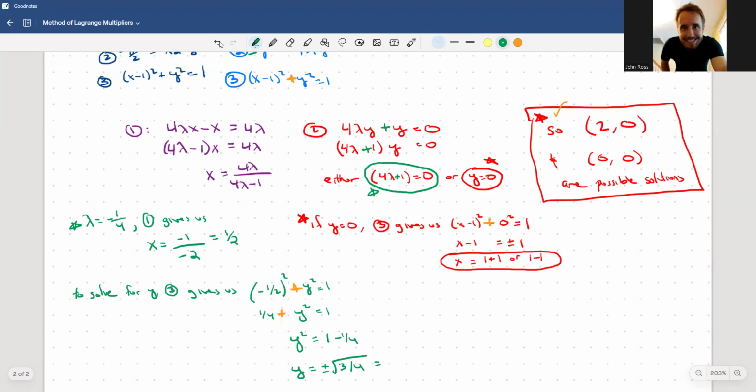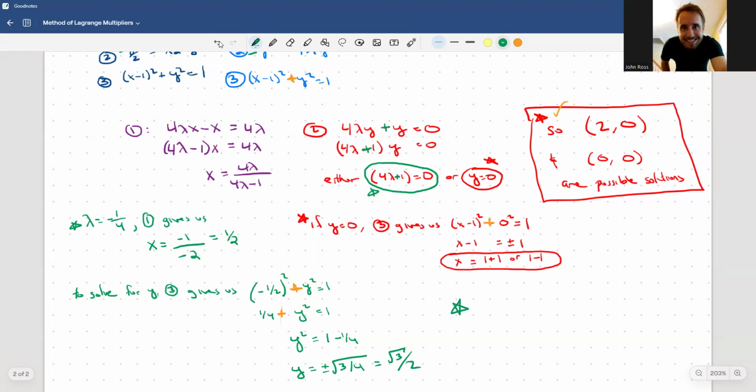All right, and I'm just going to rewrite that to make it look a little nicer as root 3 over 2. Not that we need to do that, but this has all been so messy at this point, might as well make it a little bit prettier. So what does that give us?